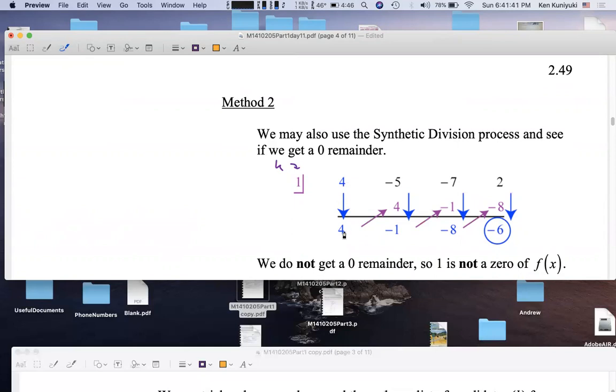Bring down the 4. Multiply by 1, or k. Here, multiplying by 1 means you copy, right? So copy the 4. Add, you get negative 1. Copy, add, copy, add. And again, this means that we're essentially adding all the coefficients. We end up with negative 6 again. And we find out that 1 comma negative 6 is on the graph, but that doesn't help us. 1 is not a 0.